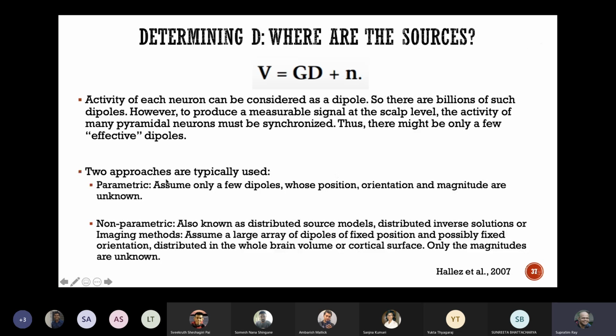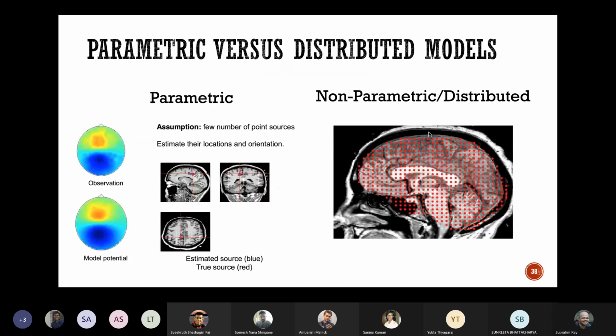So now we will see examples of how it is done, using various ways, today. So let's get started on that. There are two approaches that are used as far as finding the dipoles are concerned.